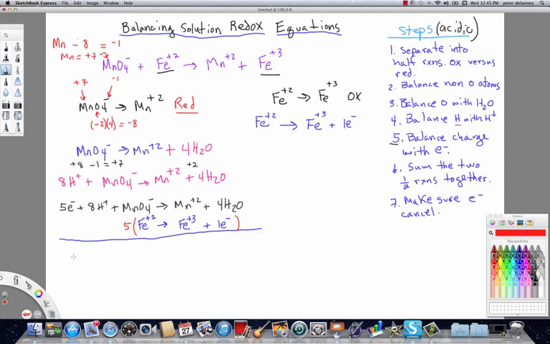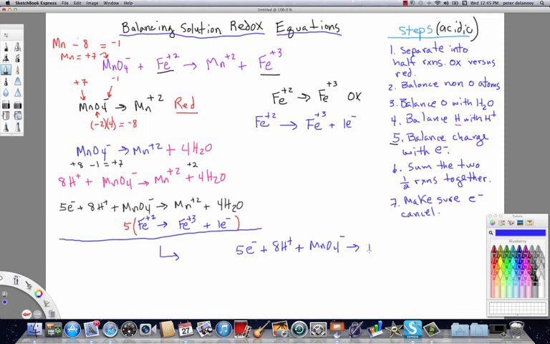All right, now I'm going to rewrite both equations, so it's absolutely clear what's going on to the viewer. I have 5 electrons in the top equation, we have 8 H pluses, 1 MnO4 minus.